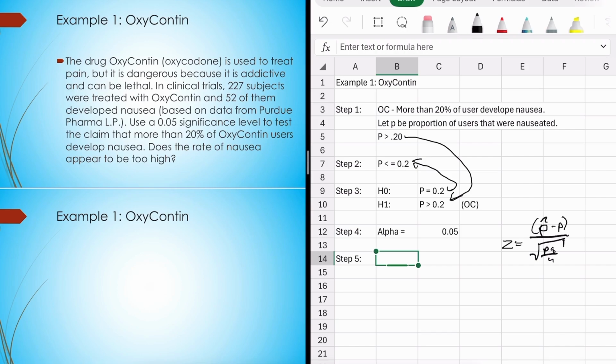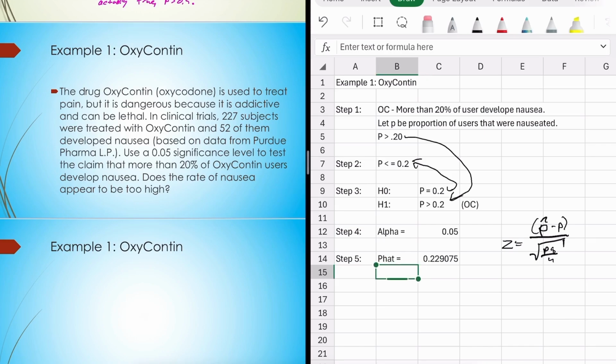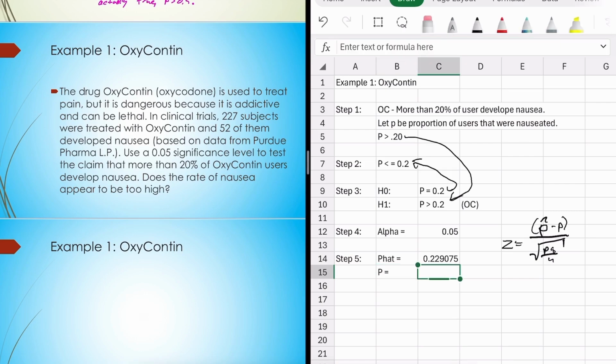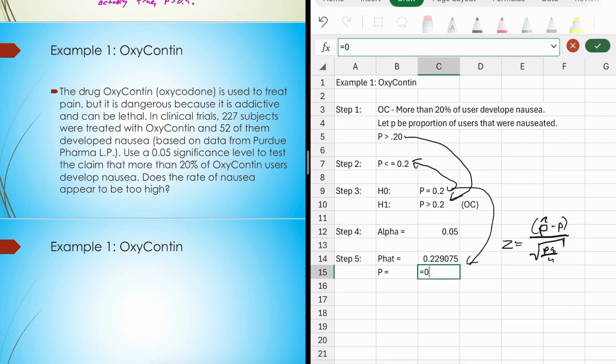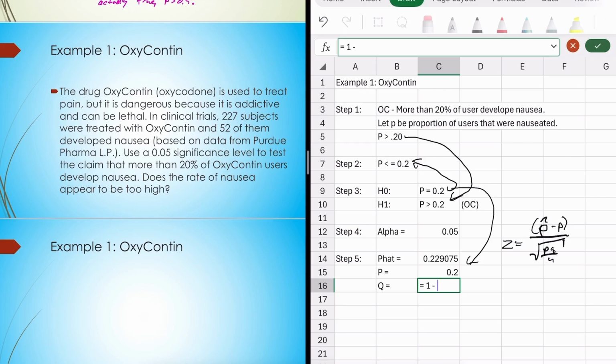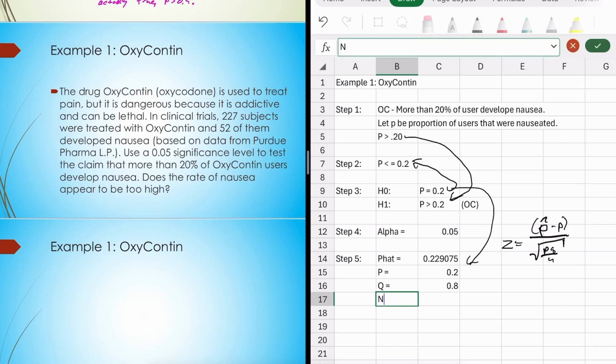So I'm going to start getting everything I need. I need p hat. P hat equals the data, equals 52 divided by 227. Enter. Next I need P. Because of the null hypothesis, P is 0.2. Enter. Now I need Q equals 1 minus P. There it is. Now I need N. N equals 227.